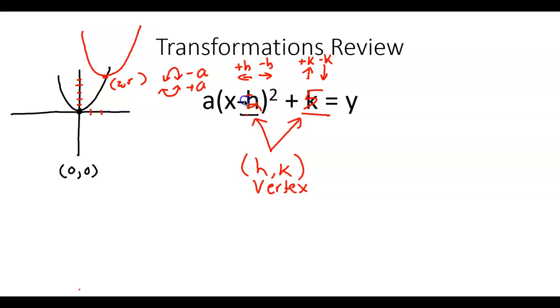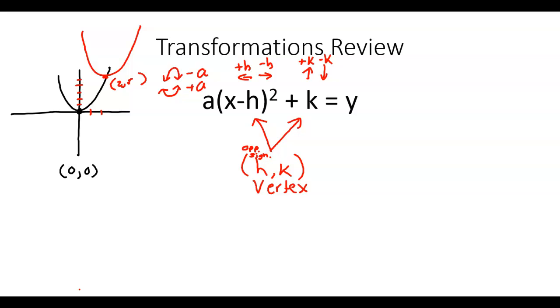What you want to know is that these two numbers put together make your vertex, basically. They're really just your translations, but because of the way it works out, they'll be our starting point. That'll be our vertex, our starting point. An important thing to remember, though, is that this one's always going to be the opposite sign.